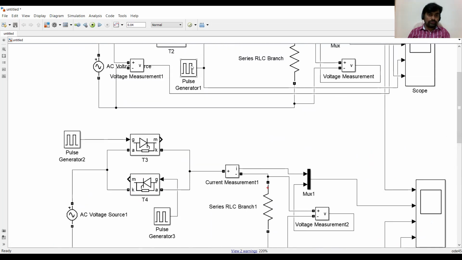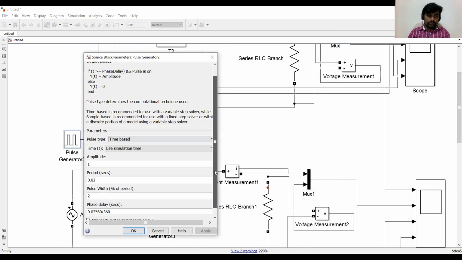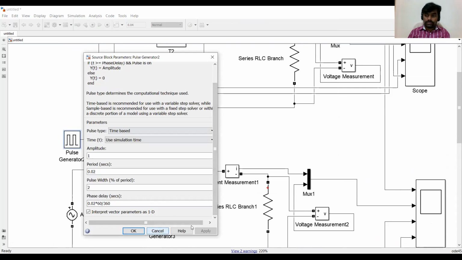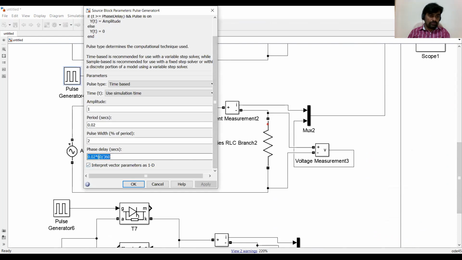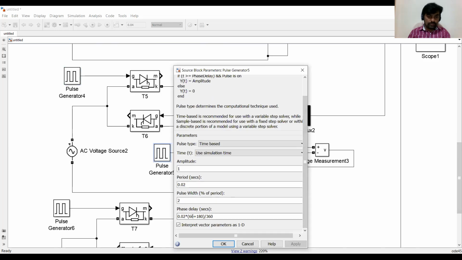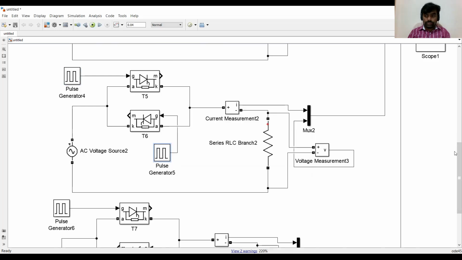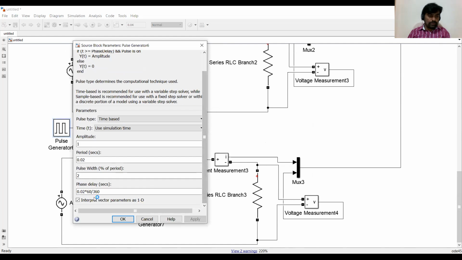right? So first one is at alpha 30. Now it is at alpha equal to 60 degrees. Now I will adjust here alpha to 90 degrees. And it is 90 plus 180. Symmetrically, I am going to trigger so that you can see the positive half cycle and negative half cycle same. 120 degrees.